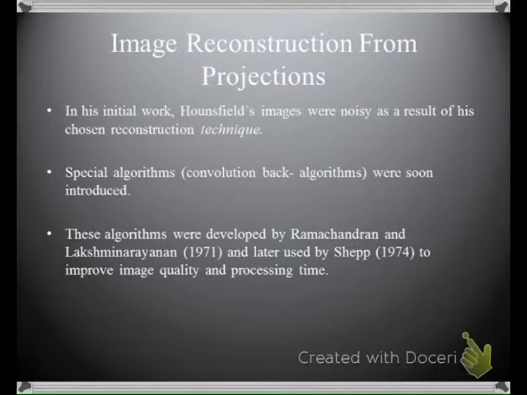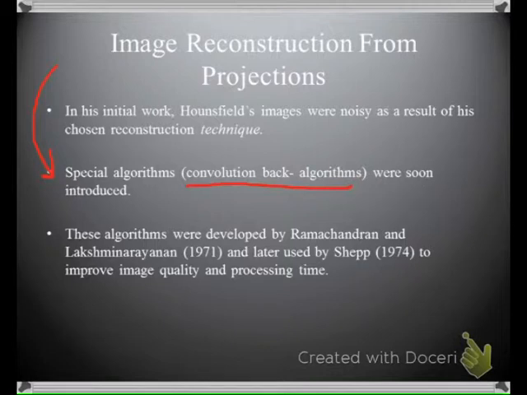So basically, to remedy this, special algorithms such as convolution back projection algorithms were soon introduced. And that is more along the lines of what we use today. More specifically, what was probably introduced before this was back projection algorithms, and we'll see what these are in just a few moments.